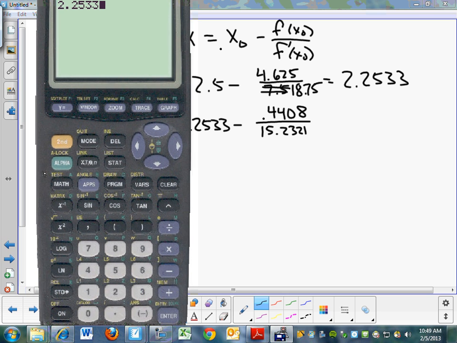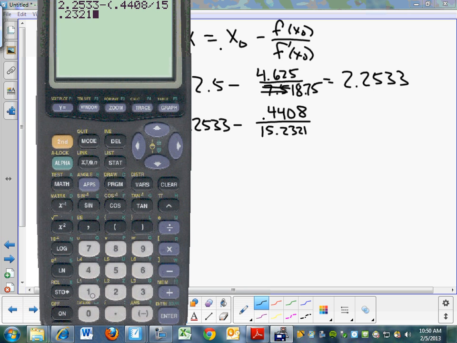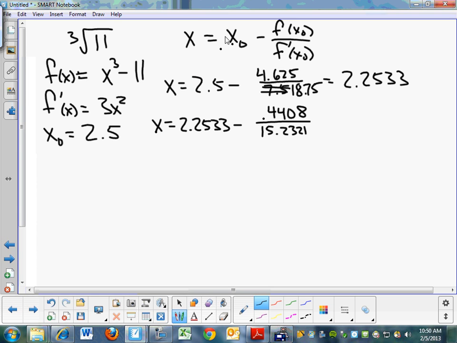So we get 2.2533 minus parentheses 0.4408 divided by 15.2321, 2.2244.